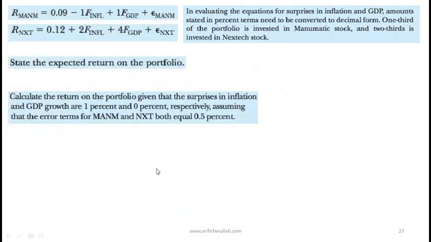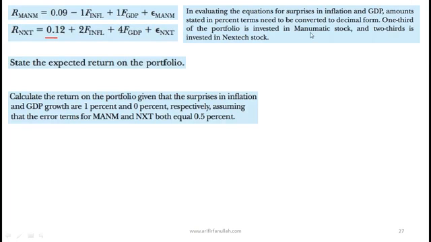Okay, now given those formulas, in evaluating the equations for surprises in inflation and GDP, amounts stated in percent need to be converted to decimal form. That's just a technique for doing this. So given the numbers that they use, we need to use decimals and not percentages.